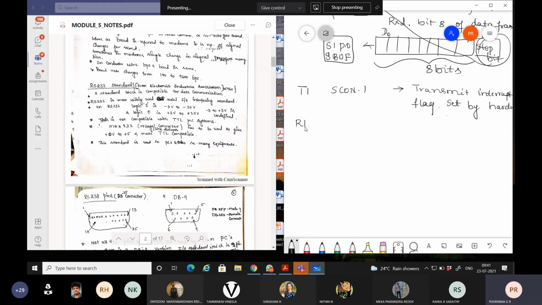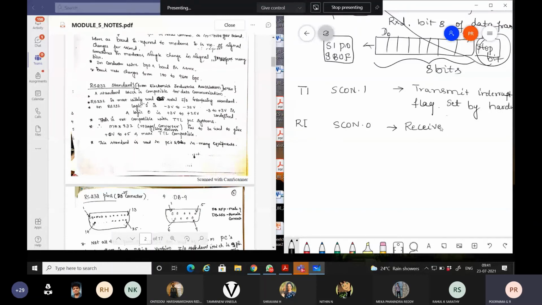Then one more is RI. This is SCON.0. This bit represents the receive interrupt flag. Like the overflow flag that the timer uses to indicate, in a similar way, if the transmission of complete data serially is completed, TI will be set to 1.